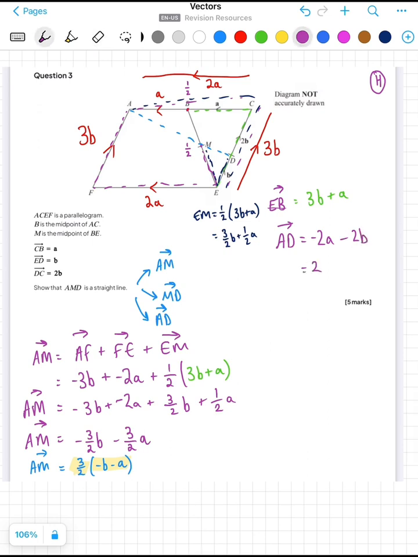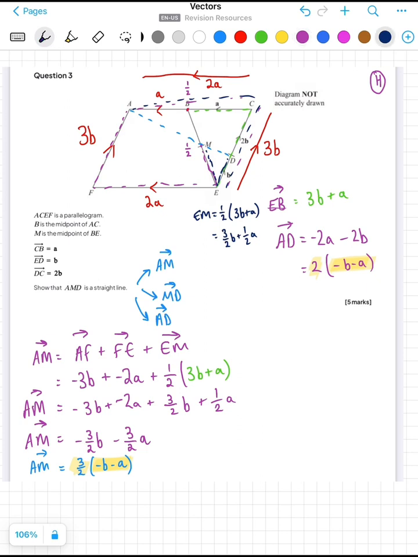Take out a factor, which is 2, so that's minus b minus a. So here we see that our vector quantities are the same, minus b minus a, minus b minus a, they are different multiples of each other. So we could finish the question there, or we could go further and find M to D, and hopefully that will simplify to give us minus b minus a.